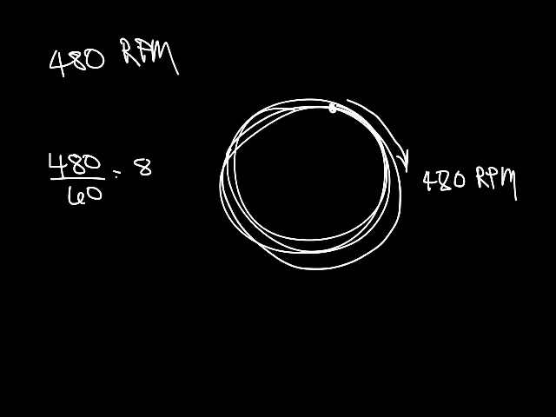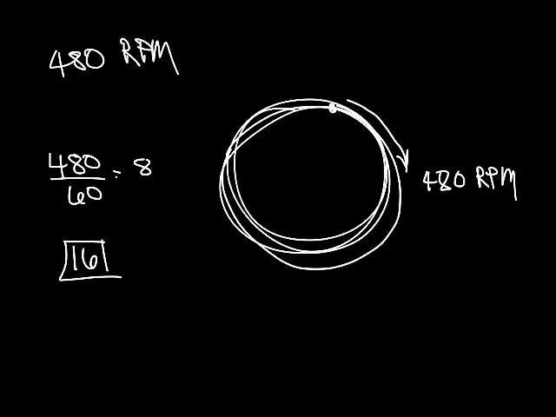Well, what are they interested in? They're interested in 2 seconds. So it's going to go around how many times in 2 seconds? 16 times. Is that the answer we're looking for? Absolutely not. They didn't ask us how many times it'll go around. They asked us how many degrees 16 times equals.